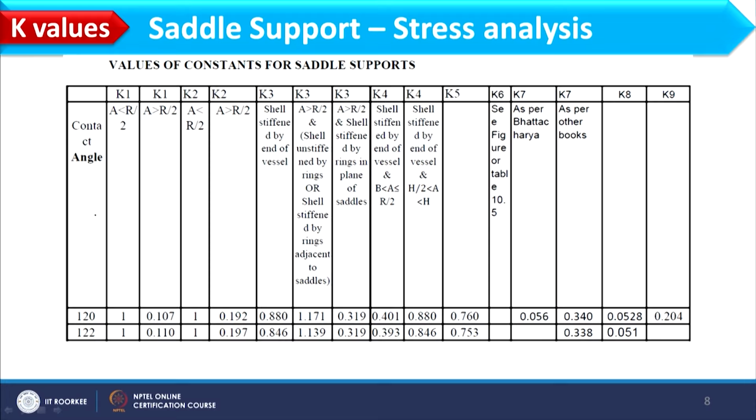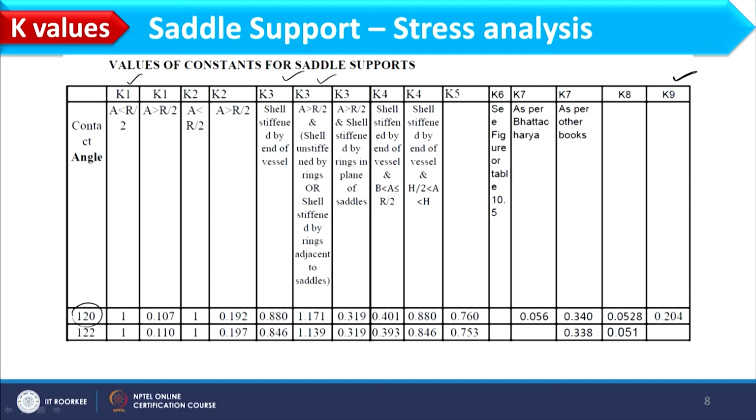Here we have contact angle, 120 is the minimum angle, and 122, and we have a long table which I will show further. Here we have K1, K2 for different conditions like A is less than R by 2 or other conditions, and then K3 when the shell is stiffened by the end of the vessel, and we have other conditions also, and similarly K5, K6, K7, K8 and K9.